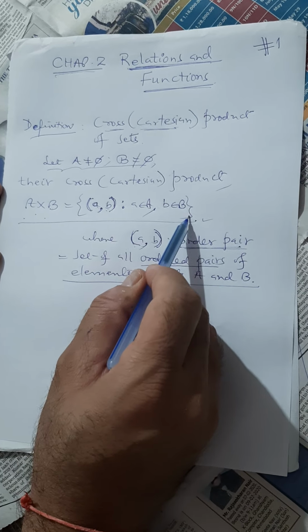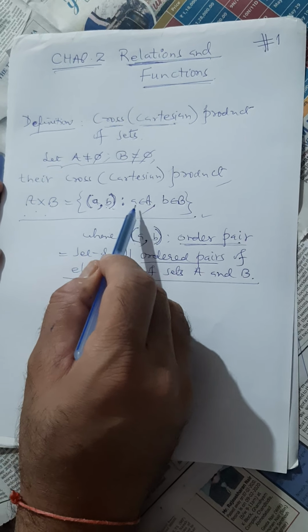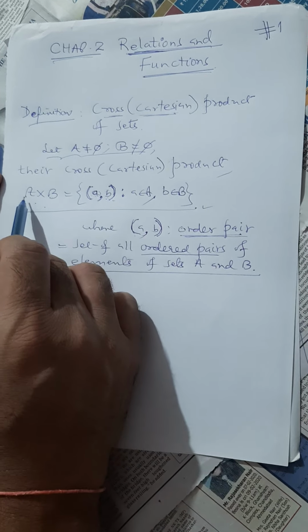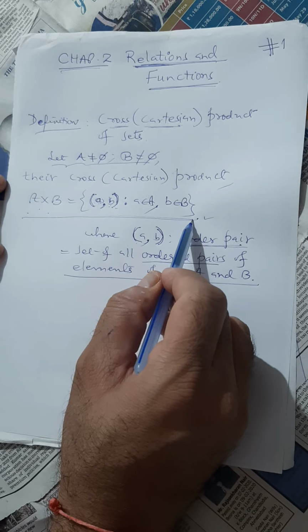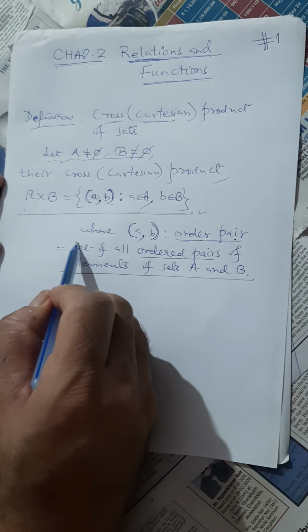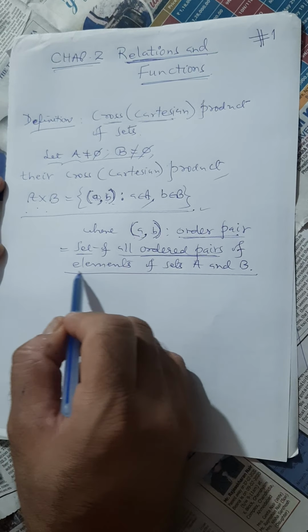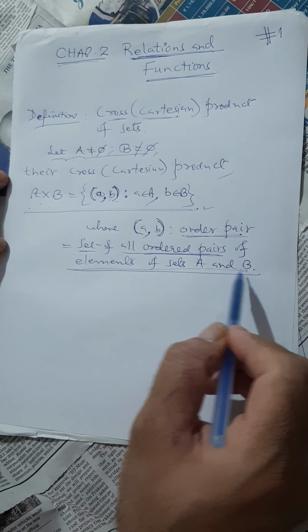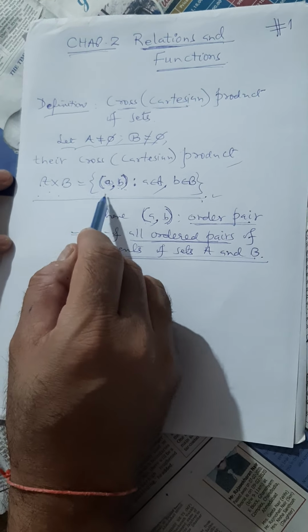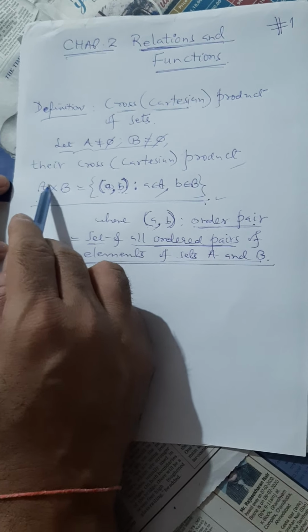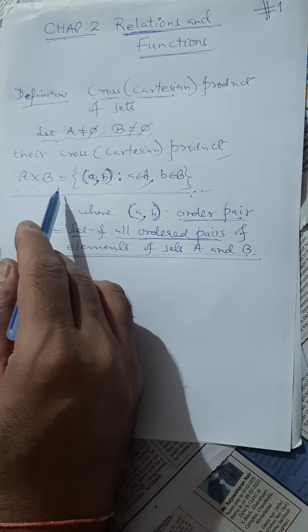It is a set whose members are ordered pairs (a, b), where the first member comes from the first set and the second member comes from the second set. So in general, we can say that A cross B is a set of all ordered pairs of elements of A and B. That's the definition. This is a new set obtained from the given two sets. This is called an operation, like union, intersection, and so on.